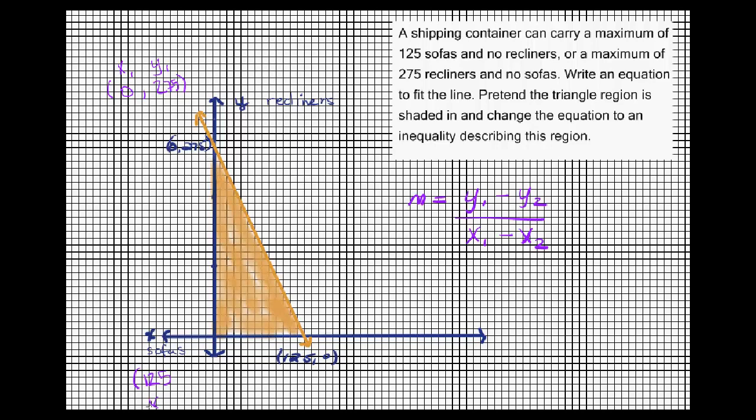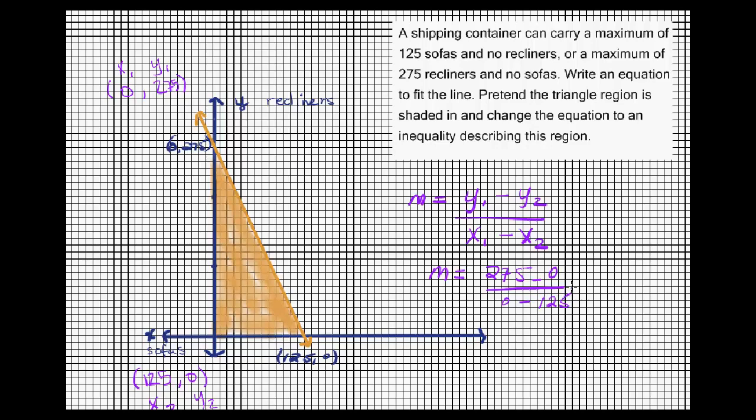This is our x2, and then 0, which is y2. Okay, so then you basically just plug in the values. So y1 is 275, and y2 is 0. Place that over x1, which is 0, and x2, which is 125.